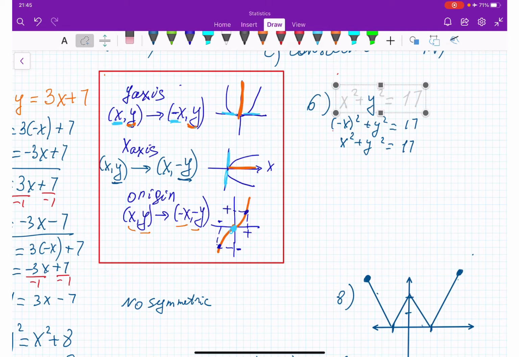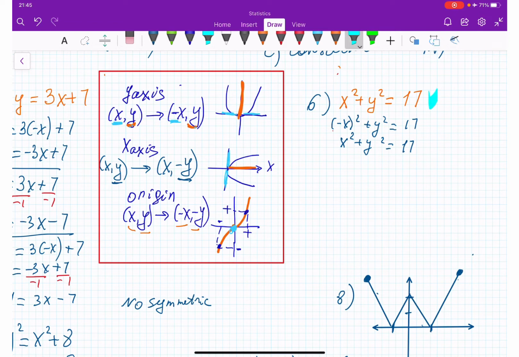It's not taking color this way. I will enforce the color. There we go. So we got the same, right?